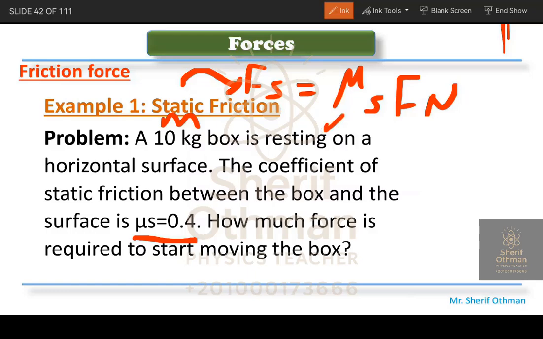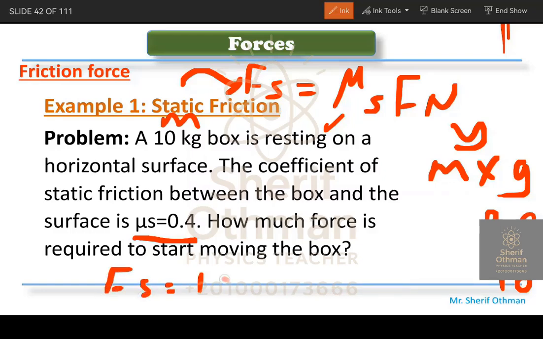Mu s is given, which is 0.4. Fn is equal to m multiplied by g. g is the acceleration of gravity, which is equal to 9.81. Let's use 10 to make the calculation easier. So static friction is equal to mu s, which is 0.4, multiplied by 10, which is the object mass, multiplied by another 10, which is g, the acceleration of gravity.